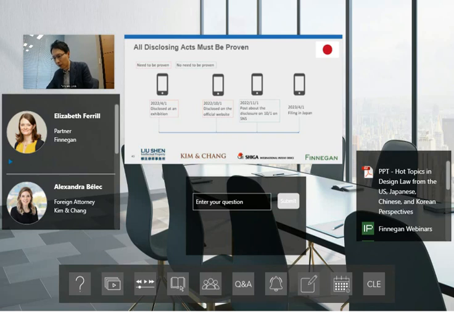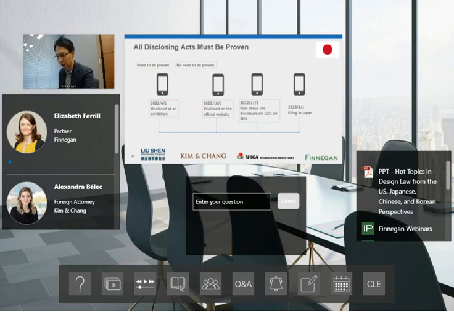Next, the applicant disclosed the same design on their official website on October 1st. Then the applicant posted information about the disclosure on October 1st on SNS. And finally, the applicant filed an application in Japan on April 1st, 2023.